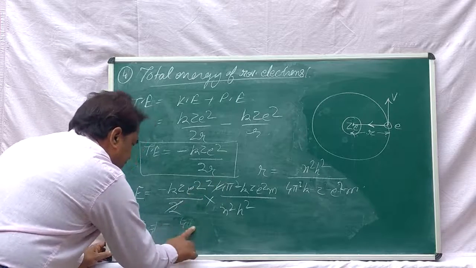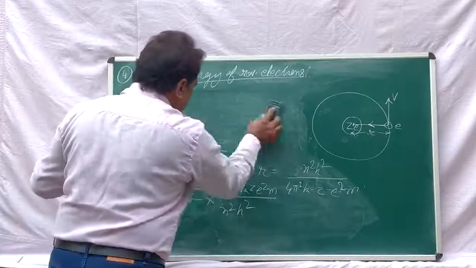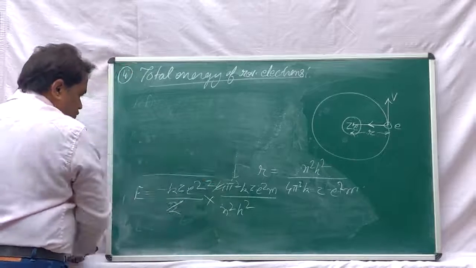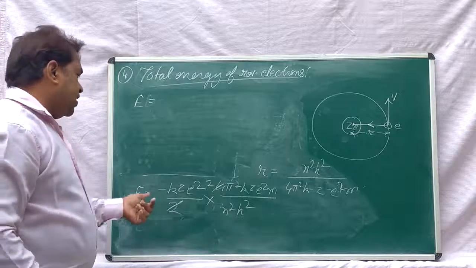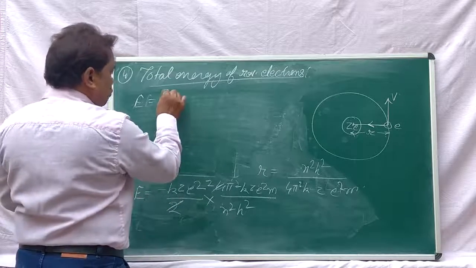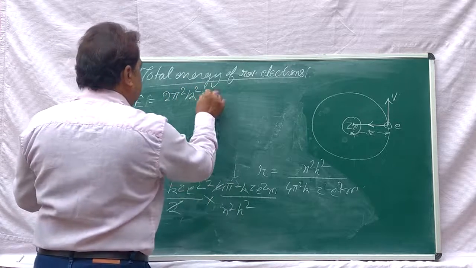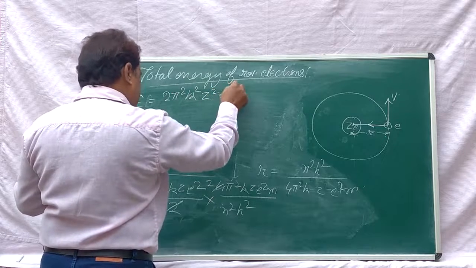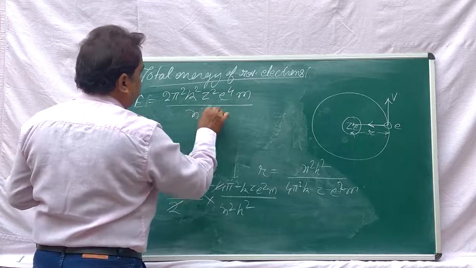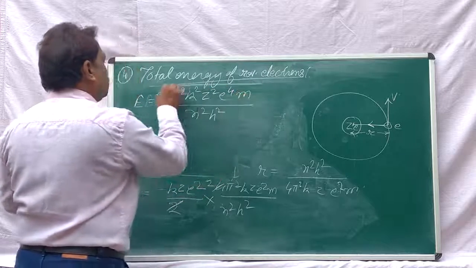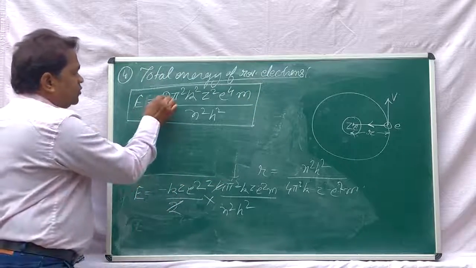So from this expression we can write E is equal to minus 2 pi square k square Z square e to the power 4 m upon n square h square, and this is negative also.